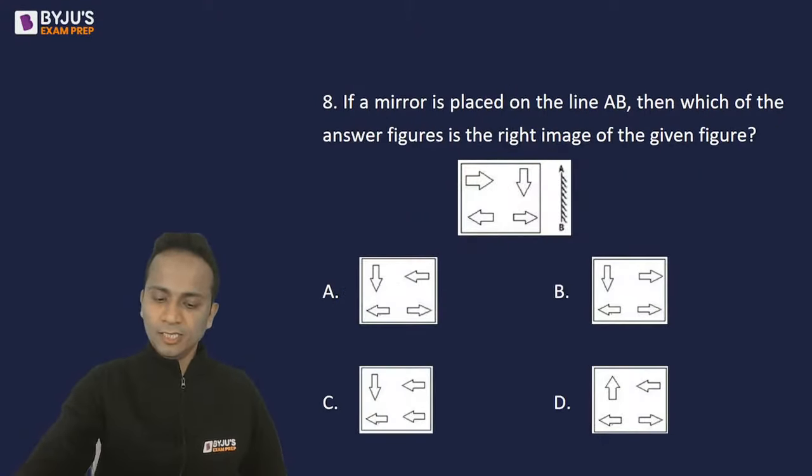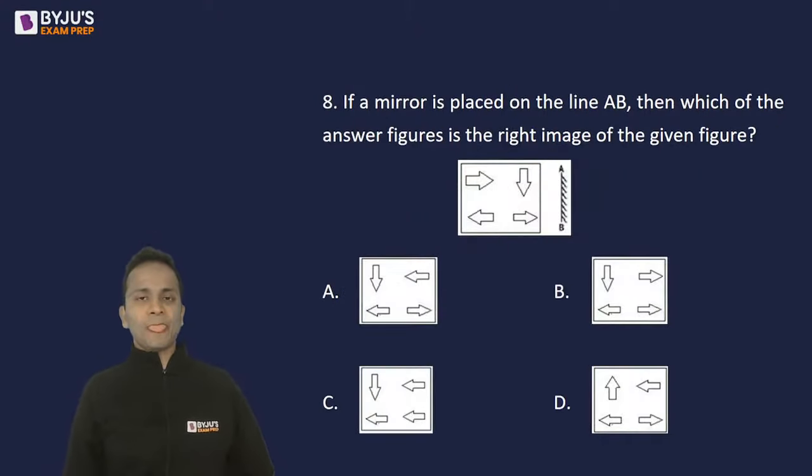Next question, question number 8. A question on abstract reasoning, mirror image of the figure you will have to identify. So quickly do that.